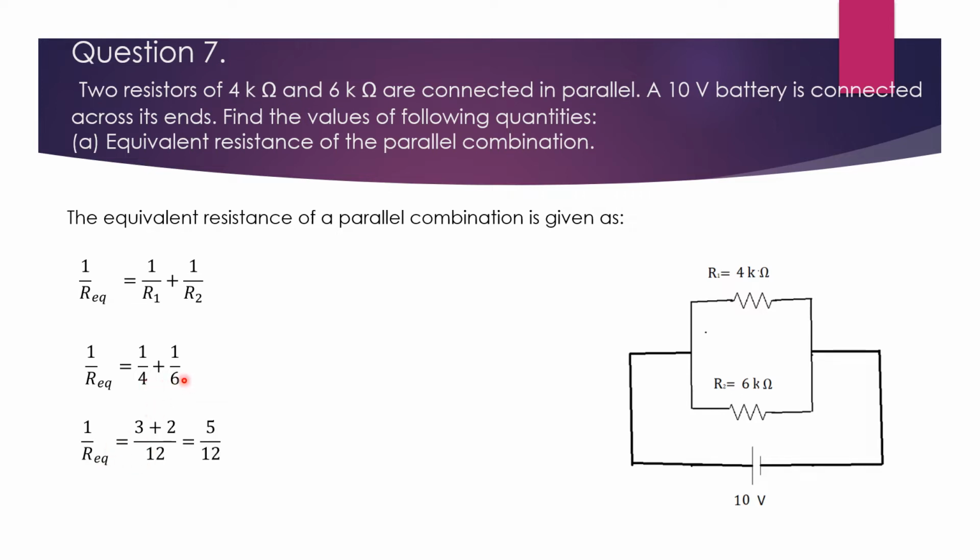Take the LCM of 6 and 4, that is 12. Now solving this, 3 plus 2 makes it 5 over 12. This is 1 over R equivalent is equal to 5 over 12. So R equivalent is equal to 12 over 5, which is 2.4 kilo ohms. As I said earlier, these quantities are in kilo ohms, so we will write kilo ohms with the result.